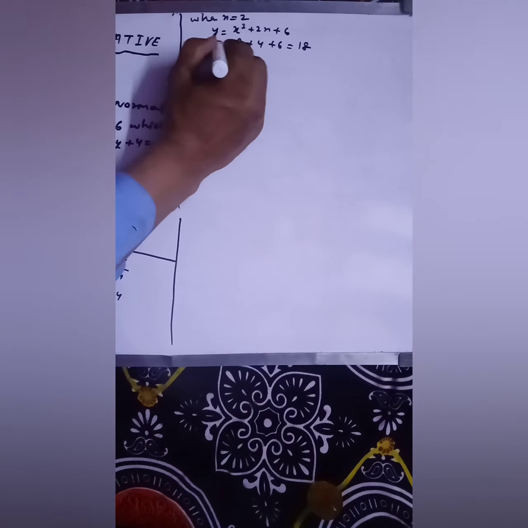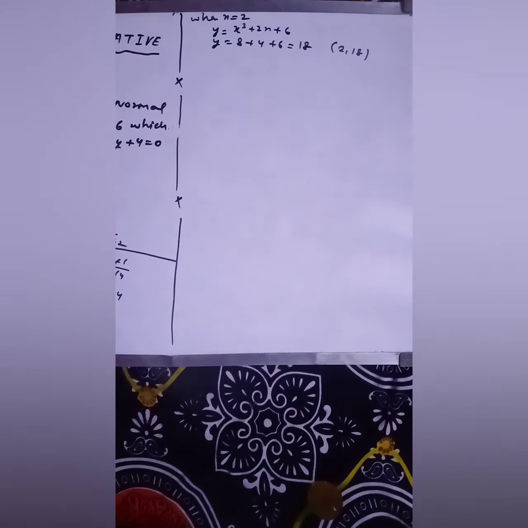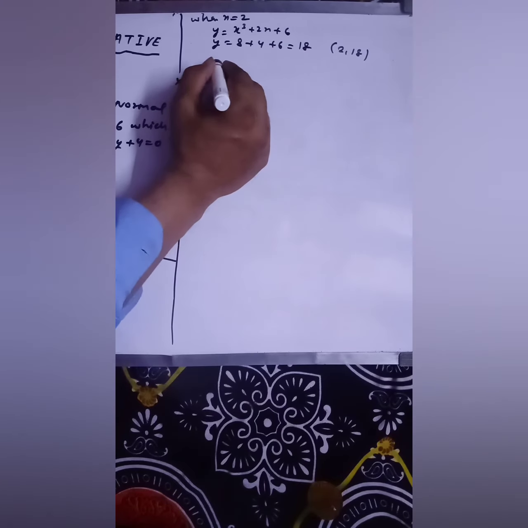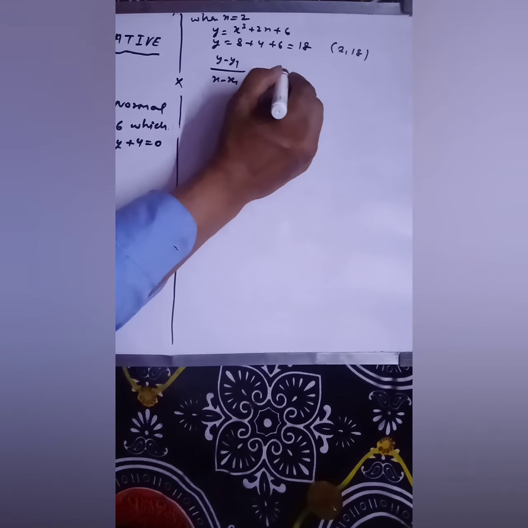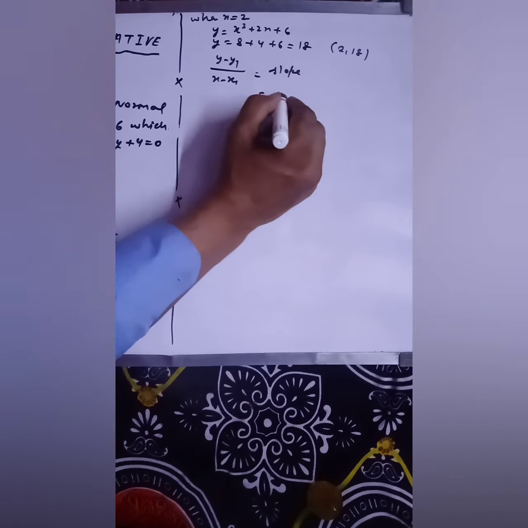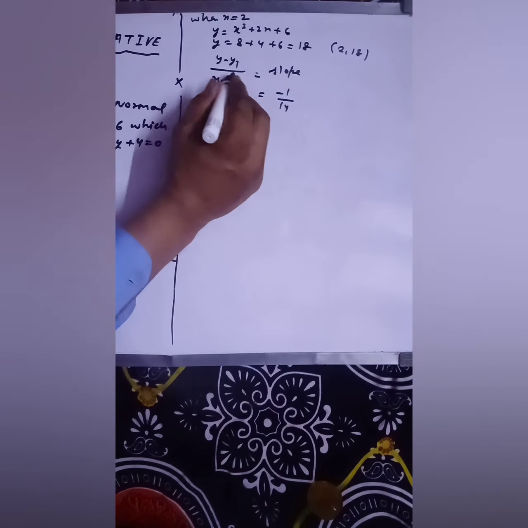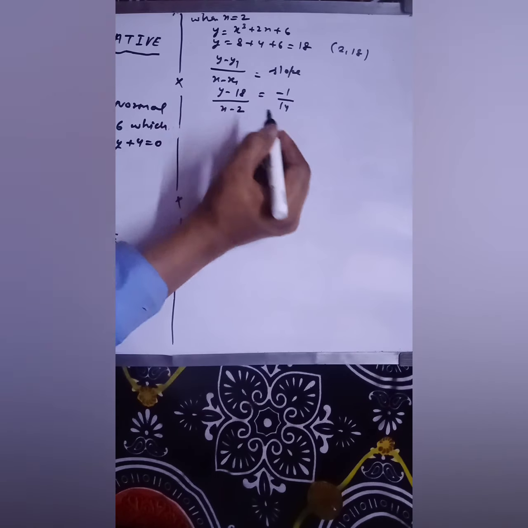So y is 18, and you are getting the point 2 comma 18. Now you have to find the equation. The equation will be y minus y1 upon x minus x1 equal to the slope, which is given as minus 1 by 14, with y minus 18 and x minus 2.